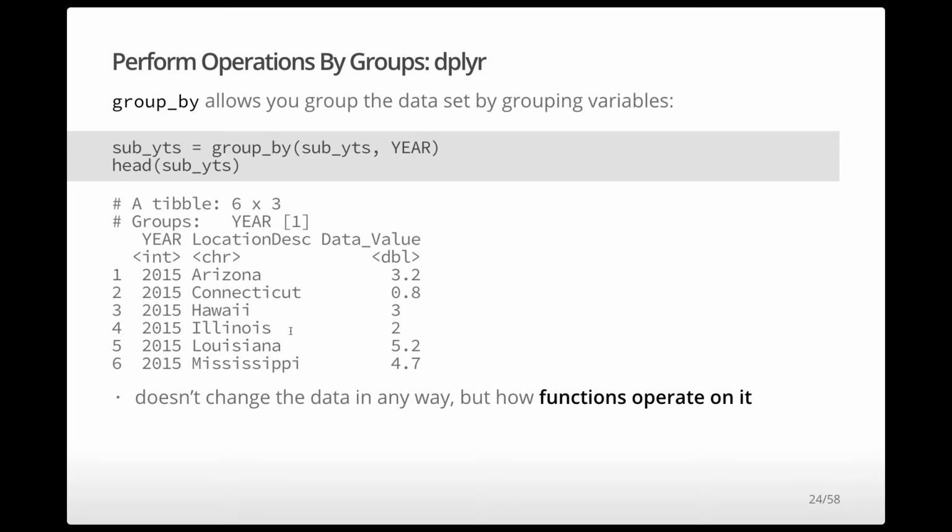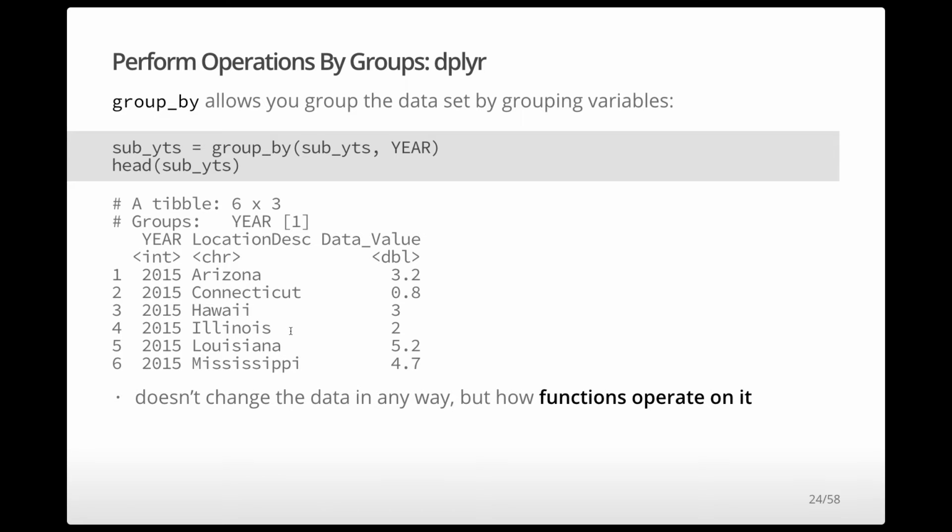So in this data set, I'm saying sub_yts equals group_by(sub_yts, year). So the data is now grouped by year. I can put other variables. I can group it by year and then state and other things like that. Or if you want to group by treatment group and then wave and whatever, date of birth or your age, you can do that. So here is the output.